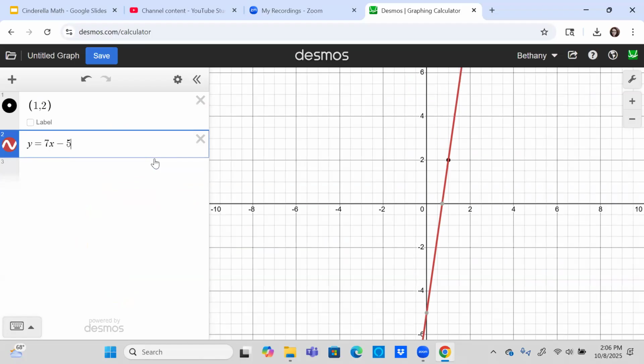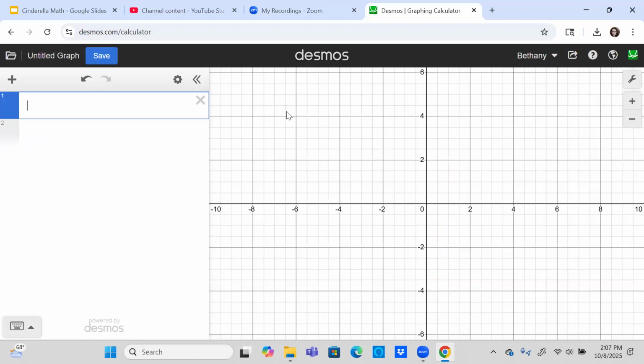It should hit that point. Boom. It does. We did it correct. If you want to check that other answer, it was y minus 2 equals 7, parenthesis, x minus 1. And yes, that's right too. So again, potato, potato. Ask your teacher or your curriculum or your answer key what they prefer. I will not come to Desmos on all of them. I'll maybe do it on a couple.